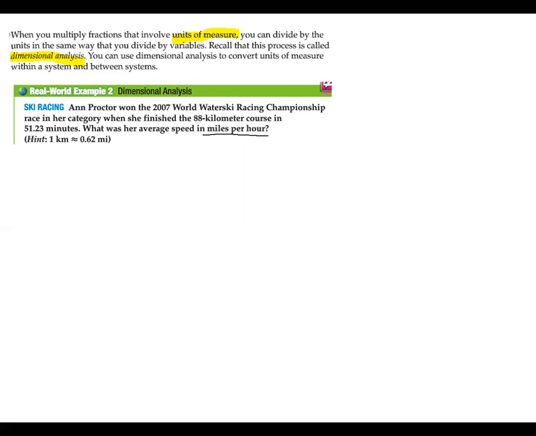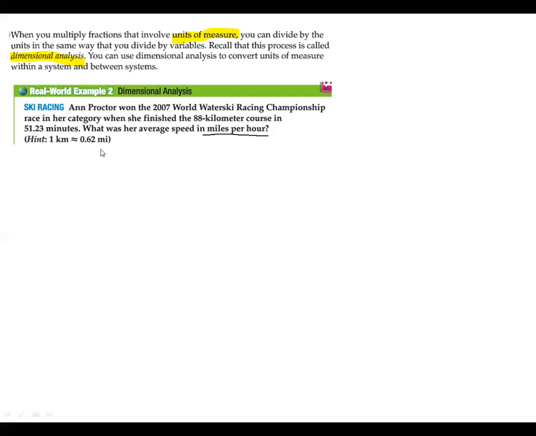So we know her distance is 88 kilometers, and her time was 51.23 minutes. So if we want to get to miles per hour, it's given to us pretty much in kilometers per minute. It's 88 kilometers per 51.23 minutes. That's the rate at which she's going, and we want to convert that to miles per hour. Well, they give you a conversion to get from kilometers to miles.